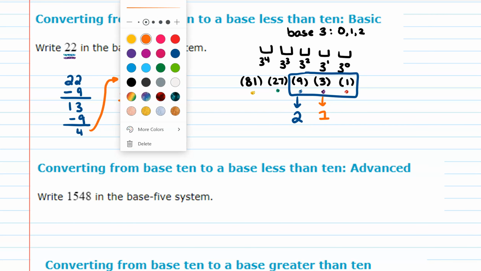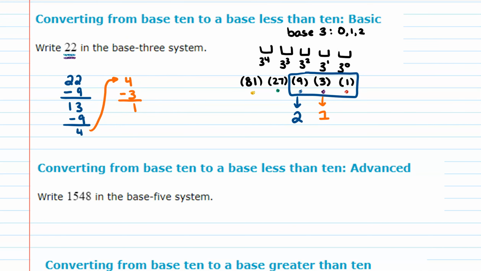So now let's look at the digit 1. If I subtract 1 time, I'm left at 0. So how many times could I subtract 1? 1 time. So if I wanted to write 22 in the base 3 system, it would be 2, 1, 1, base 3. And again, don't read that as 211, because the word hundred is a word that describes a base 10 value, not a base 3 value.